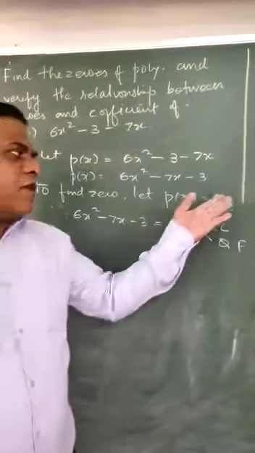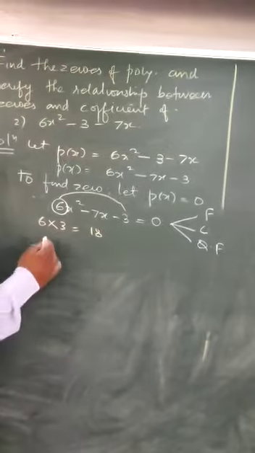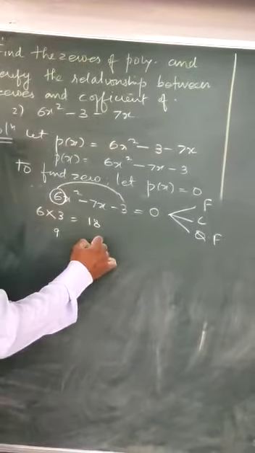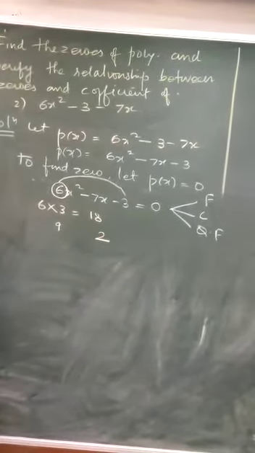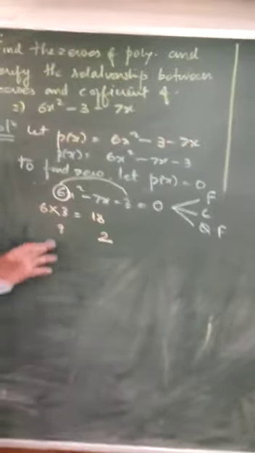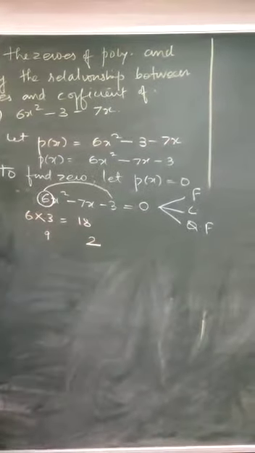So we are going to multiply it with the last term, and we are going to get the factors of 18. 6 into 3 is equal to 18, and since the constant term is negative and the middle term is negative, one term will be negative and one term will be positive. The factors of 18 are 9 and 2, or 6 and 3.